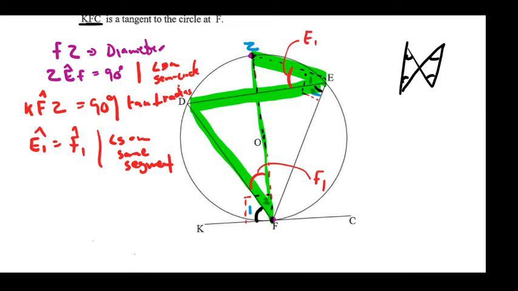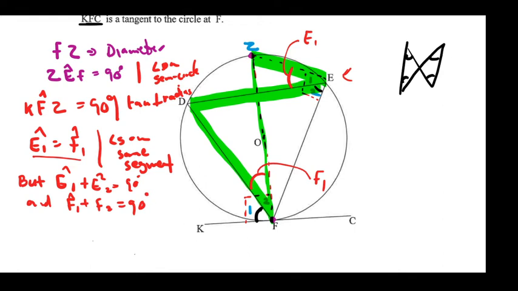So if these two are equal, right, but E1 plus E2 is equal to 90 degrees, which is this one here, and F1 plus F2 is equal to 90 degrees, right?